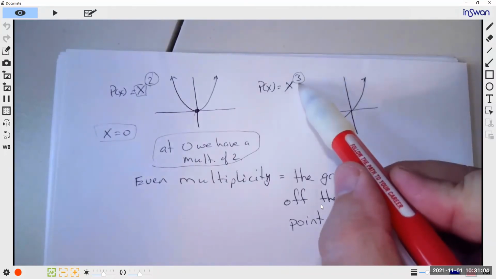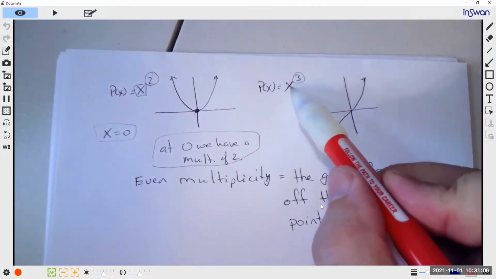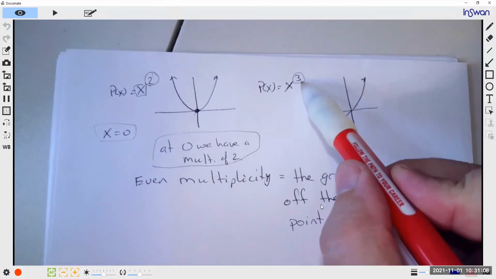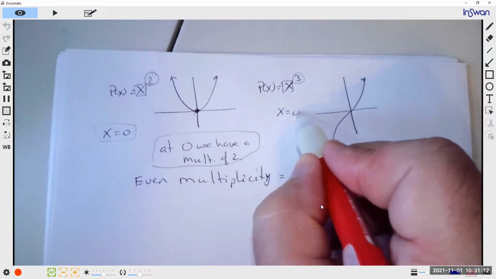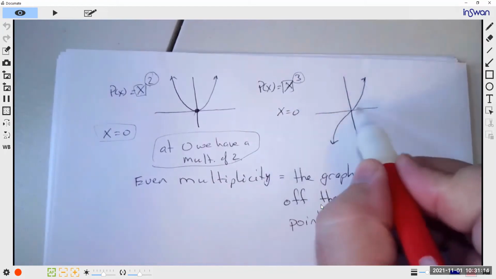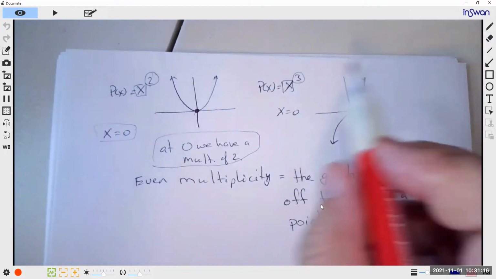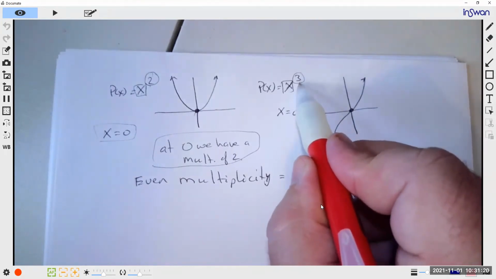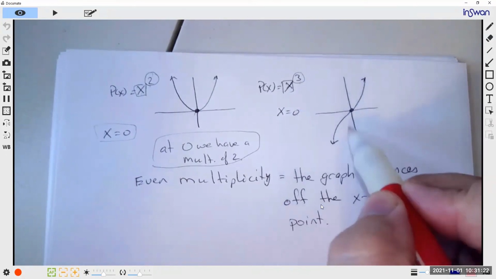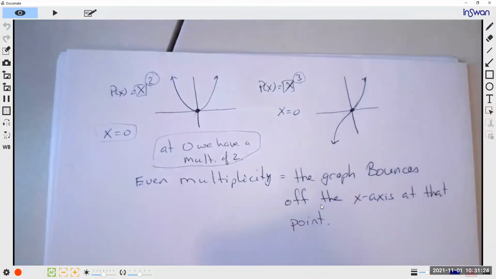Same thing here. And the next one, the multiplicity is 3. The 0, whatever's under, 0 is 0. But since the multiplicity is odd, at 0, the graph crosses.